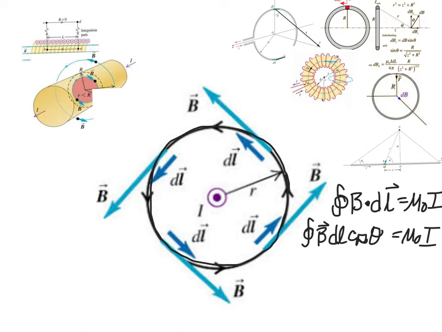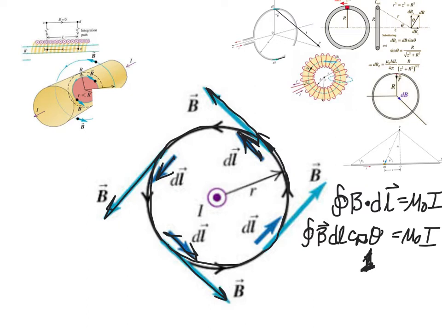But in this case, it makes sense to draw a circle, because whatever dl or ds I draw along the circle, the B is going to be parallel to it. If I pick a dl here, the B is parallel to it. If I pick a dl here, the field is parallel to it. And so the cosine of theta is always 1. That's why we choose a circular path.